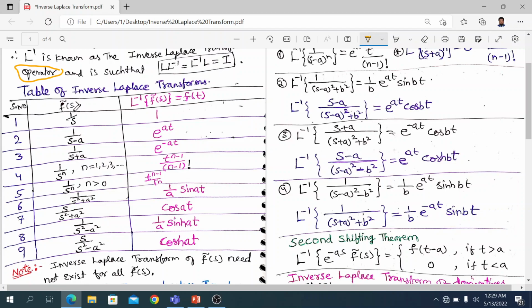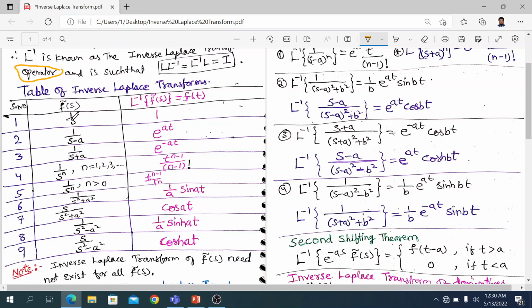So here, if a function is 1 by s, its Laplace inverse is 1. Similarly, Laplace of e power of at is 1 by s minus a. So all are inverses only. If you understand Laplace transforms, it is easy to find inverse Laplace transform. Now let us see the formulas.